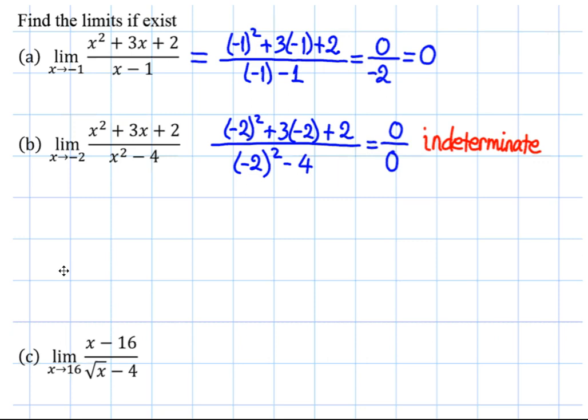So if it is indeterminate, we certainly cannot write the equal sign here because it could be anything. So we have to do it differently. What we can do here is, even though we have 0 over 0, that definitely helps us. What we have is a theorem.